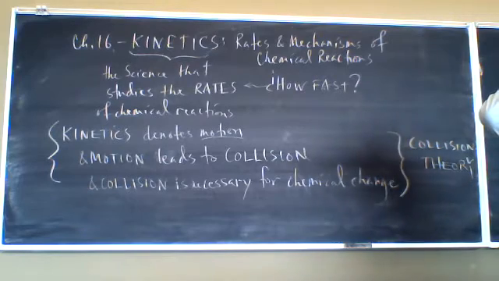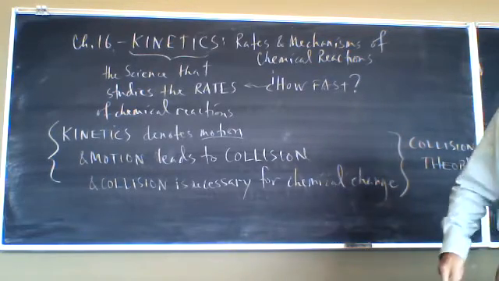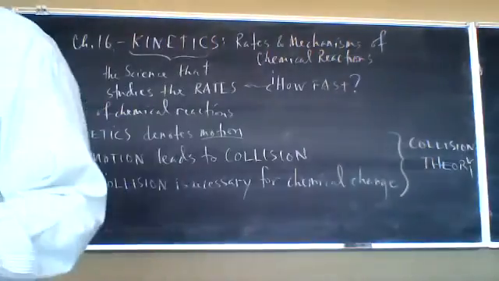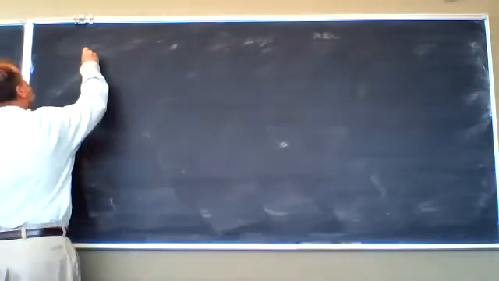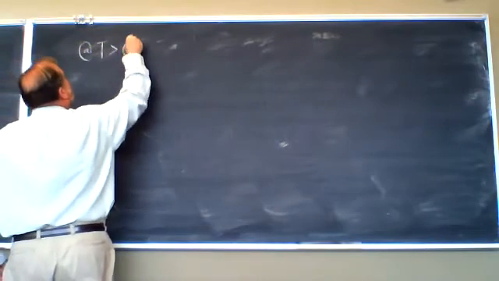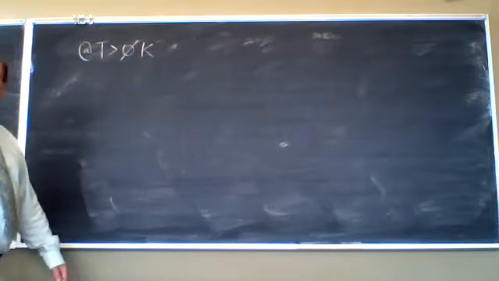So collision theory lays the groundwork for us. Now, we need to figure out what exactly would cause these collisions to be successful. So as long as we're above the temperature of 0 kelvins, we expect that collision is going to be occurring.